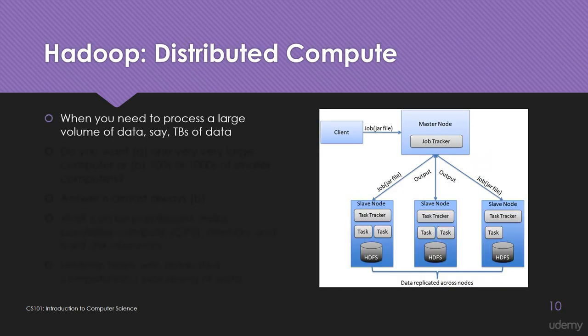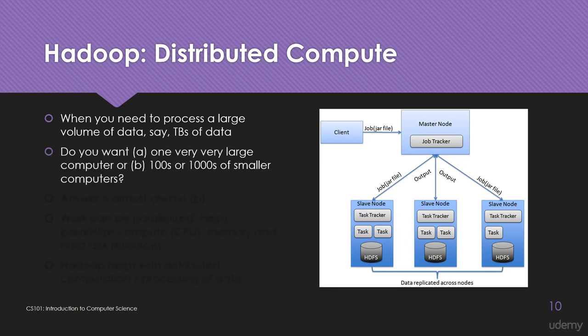Just to give an example, let's talk very quickly about Hadoop, which is a trendy big data software. There are many alternatives to this, but Hadoop has captured the imagination of a generation of data scientists. Say you need to process a large volume of data, like terabytes or even petabytes. How would you go about it? Would you process this all on one very, very large computer, or would you distribute the workload across hundreds or thousands of smaller computers?